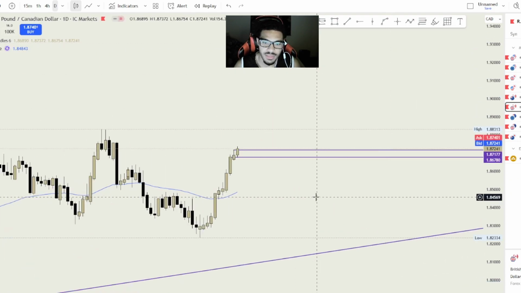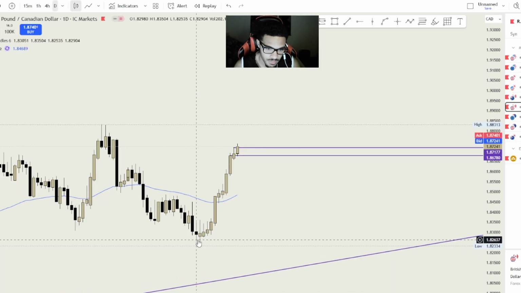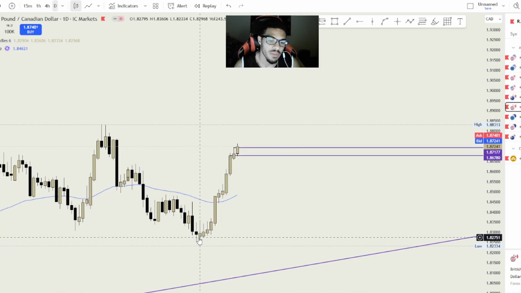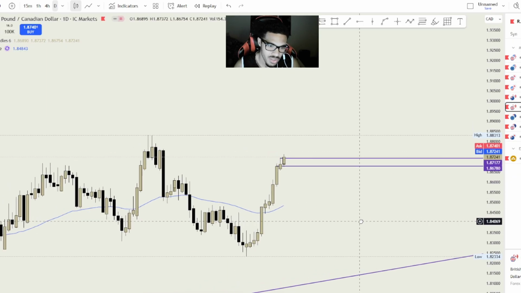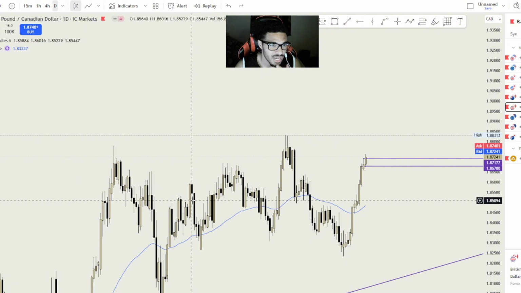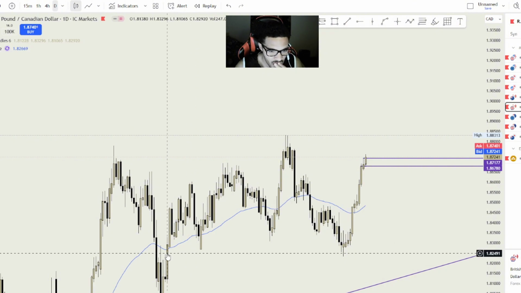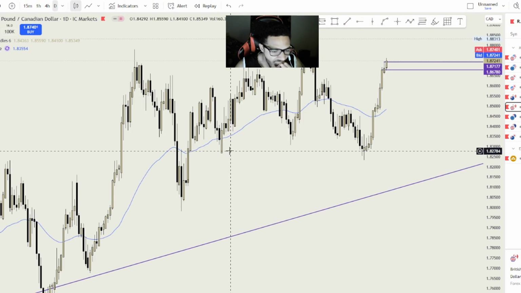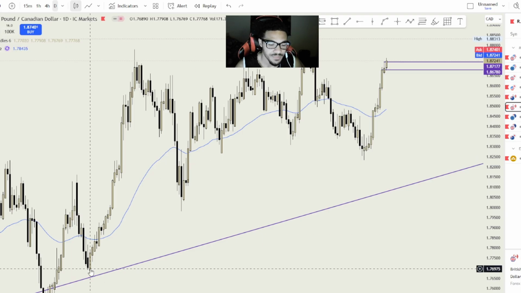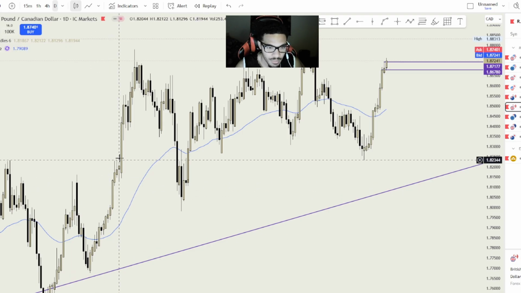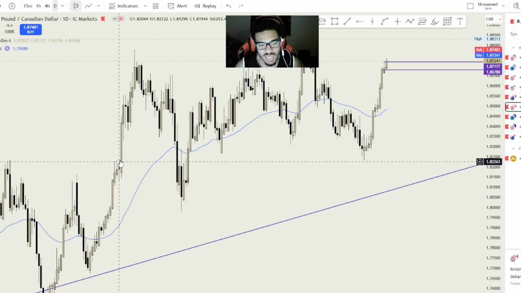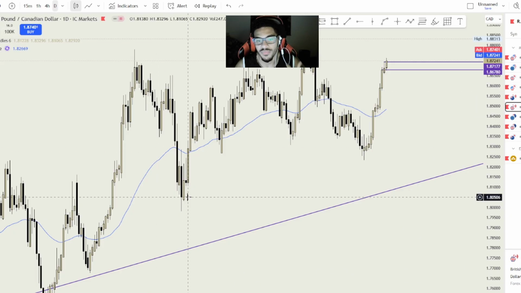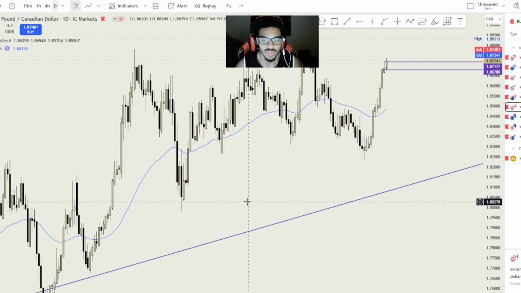GBP CAD, I think price is going to continue to go up. We've had this massive bullish momentum, 11 days of bullish momentum. I do like GBP CAD because it does have these nice momentum candles where it's like 12, 13 days in a row we've just had bullish momentum, and then you have multiple days in one direction.